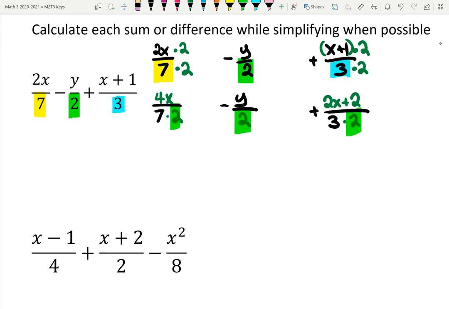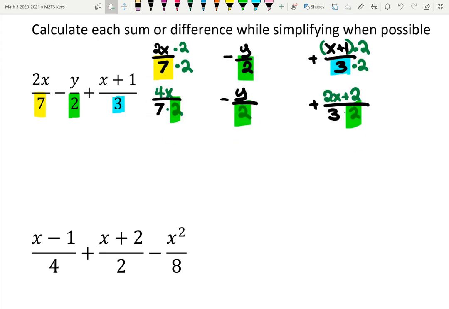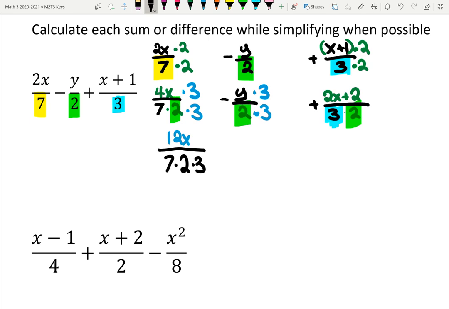Let's go ahead and add a denominator of 3 to the missing terms. So there's a 3 here already. I'm going to multiply the top and the bottom by 3. This is going to result in 12x. I'm going to resist the temptation. I know normally I would multiply it out. I'm doing this on purpose.